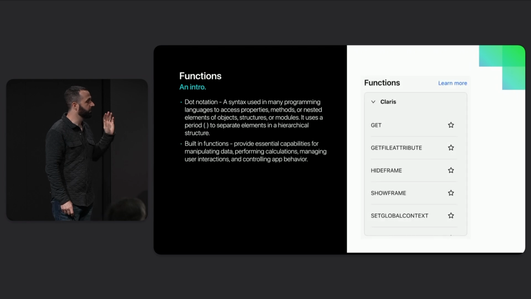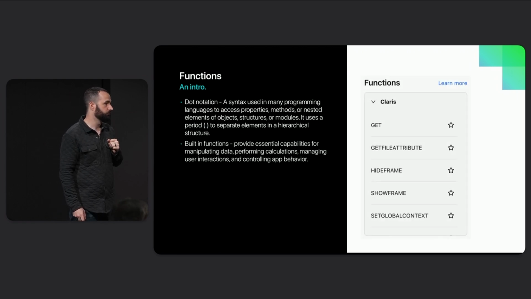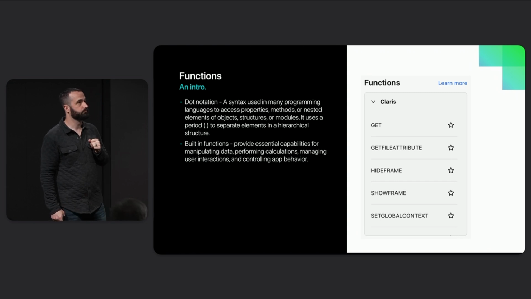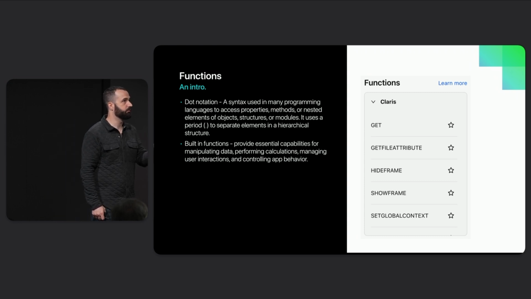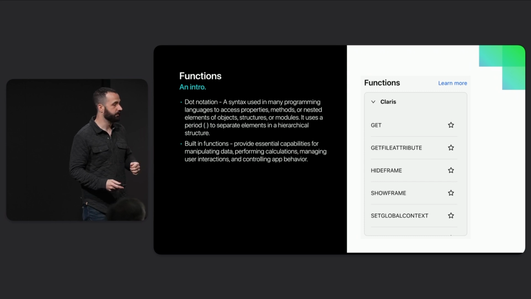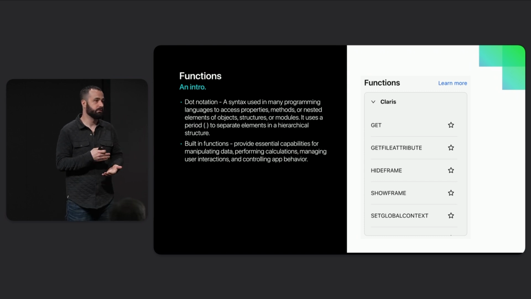Question: what is the difference between the raw value and value? In this particular case, the one I was just showing, you probably would have gotten the same result. But there are certain cases, like when you're getting values from a drop-down.